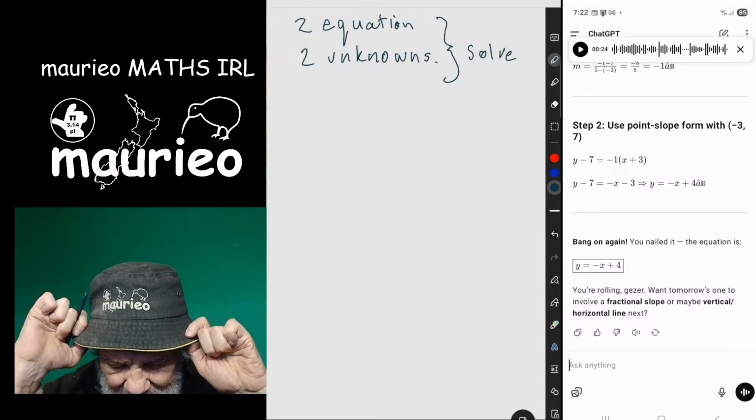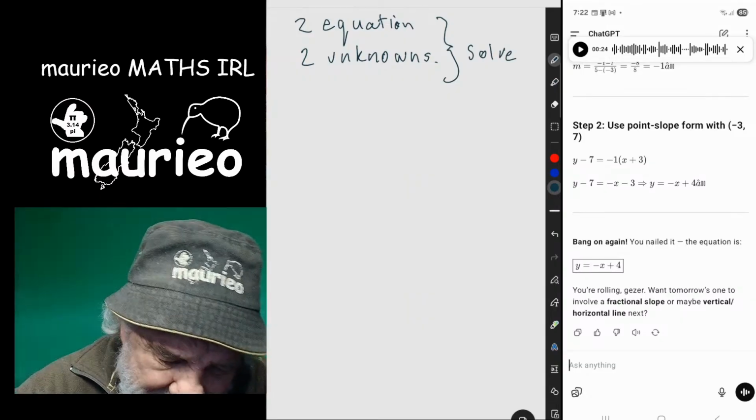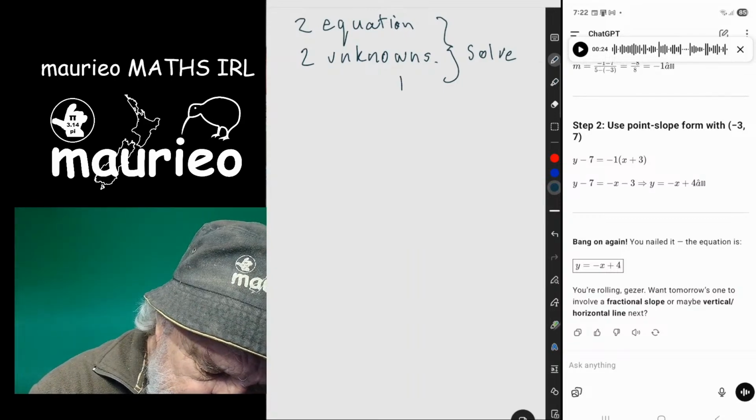So let's maybe just do a graph here, see if we can identify this graph.